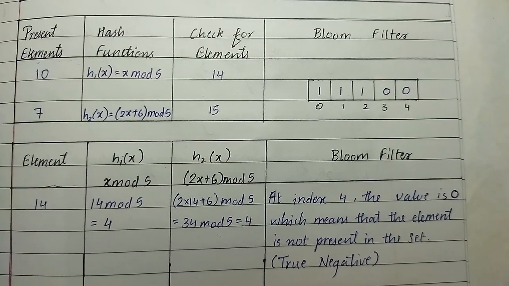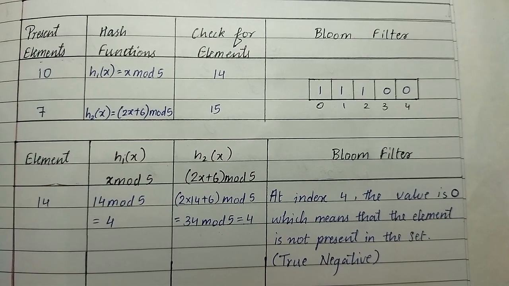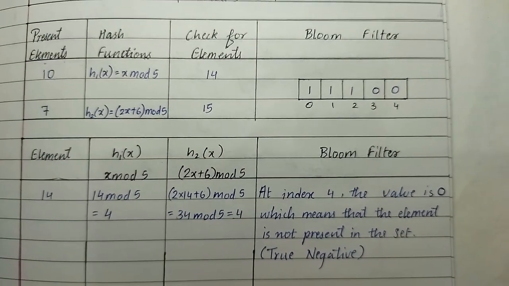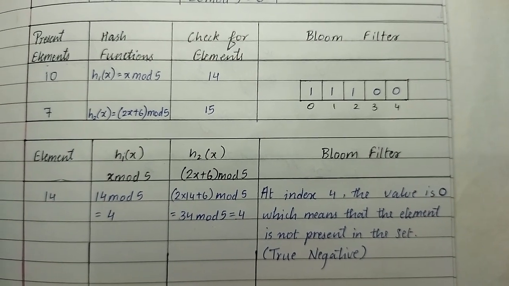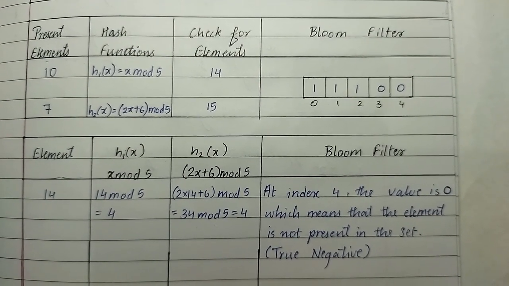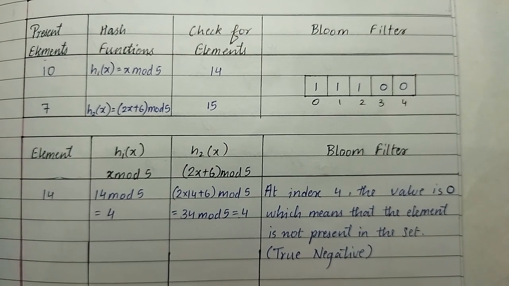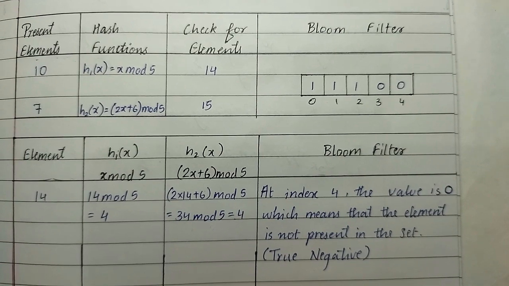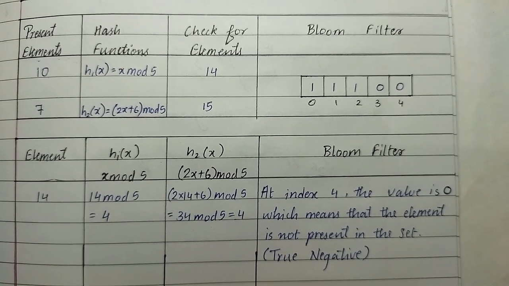So now we will create another table for checking elements. Here we have got all the details in one table, that is the elements inserted are 10 and 7, and there are two hash functions, that is h1 and h2, and the elements to check are 14 and 15.